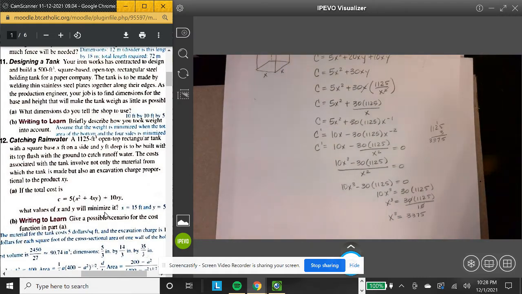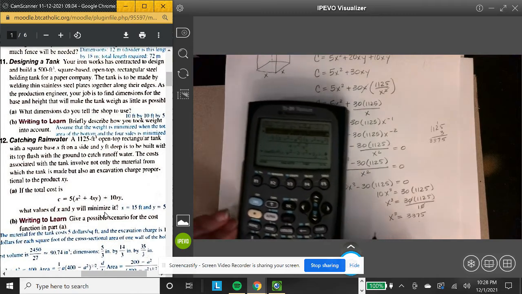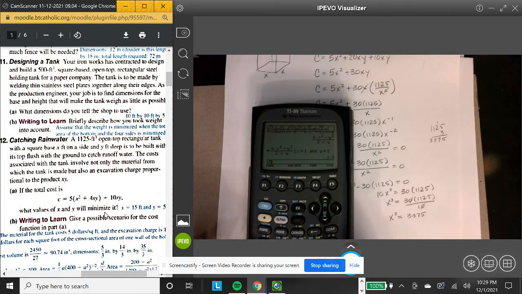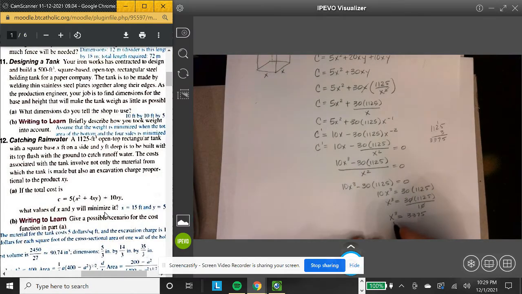Okay, now, I have done this problem a number of times, and I happen to know that I believe it's 15 cubed equals 3375, but let's triple check here. 15 raised to the third is 3375. But if you didn't know that, you could just leave it as the cube root of 3375, okay? So don't fuss with that. So x equals 15.